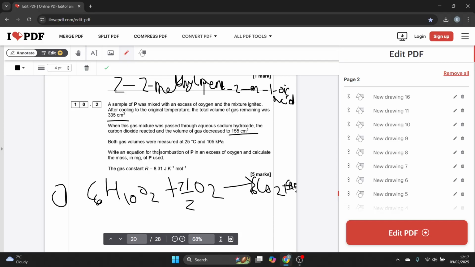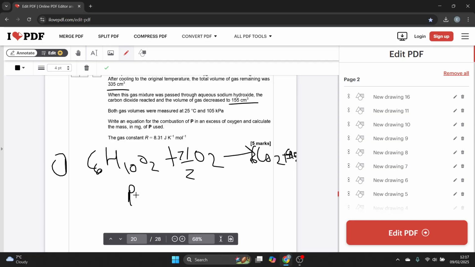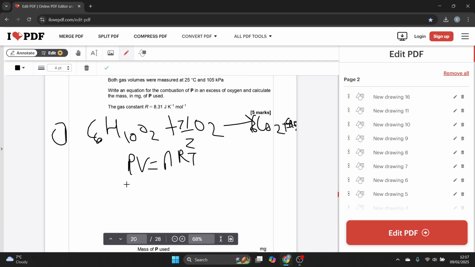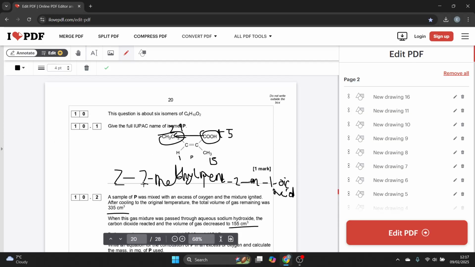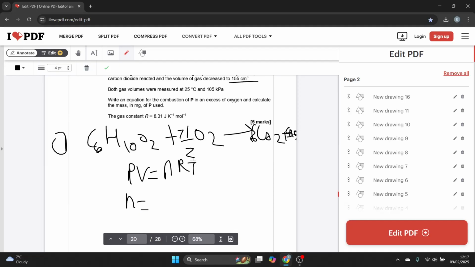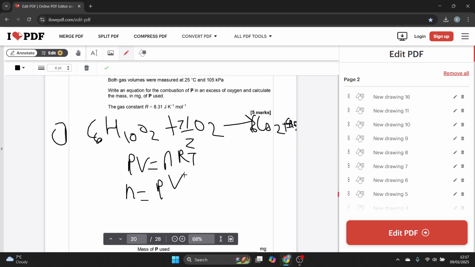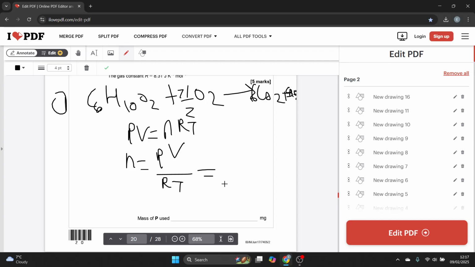So I'm using PV equals nRT, and obviously in this case I need to work out the moles because I want to work out the mass of something. Mr of C6H10O2, I can quite easily find that out anyway. So n equals PV divided by RT. Even though I'm not fully sure what I'm doing, I can still fill out the bits that I know are guaranteed.